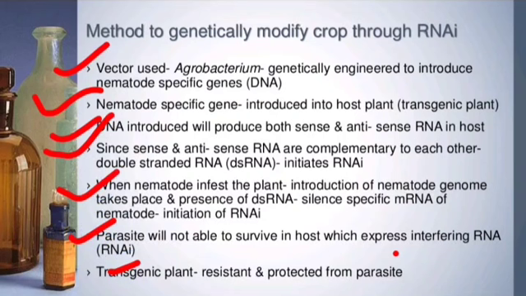When the nematode infests the plant, this double-stranded RNA is introduced into the nematode's body. As it is complementary to the mRNA of the nematode, it combines with the mRNA and stops the translation process. When the necessary proteins are not produced in the nematode's body, it cannot survive. That is the main process here.